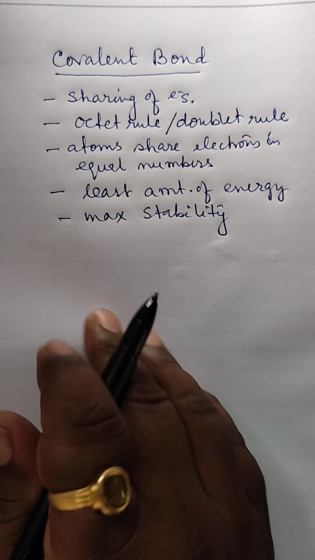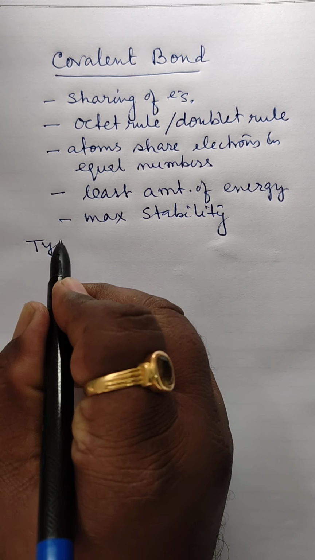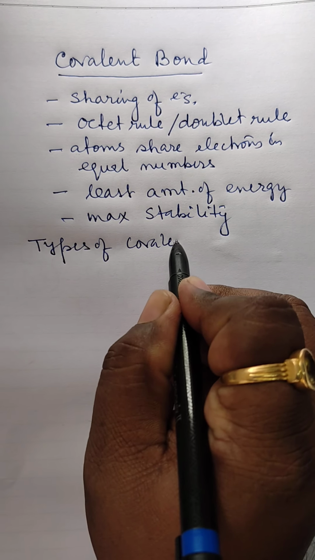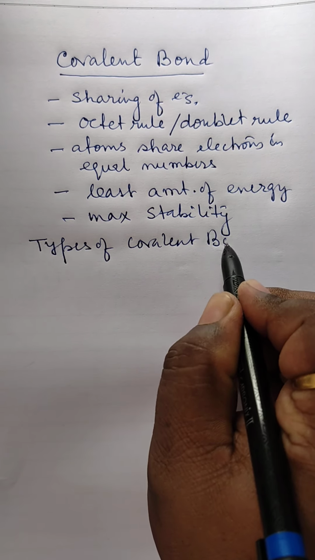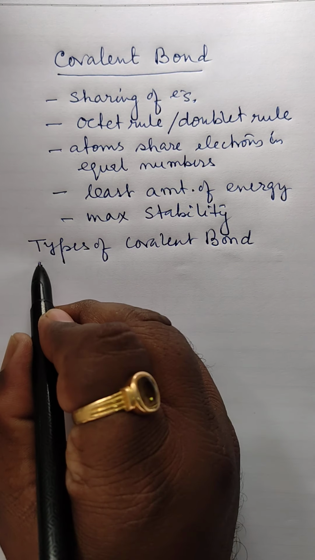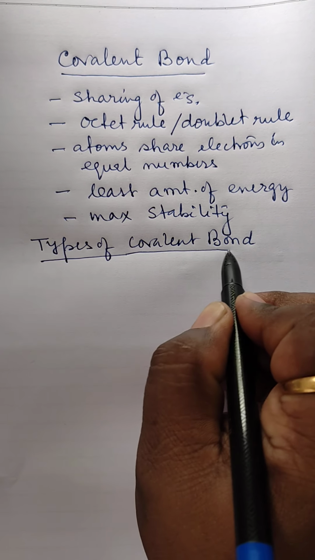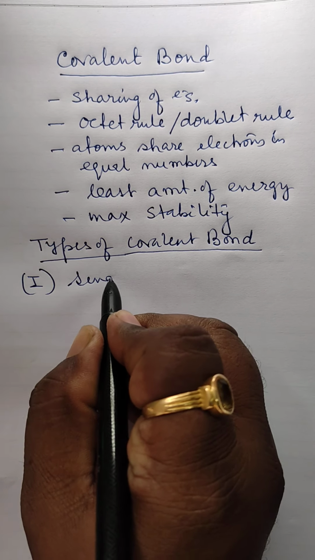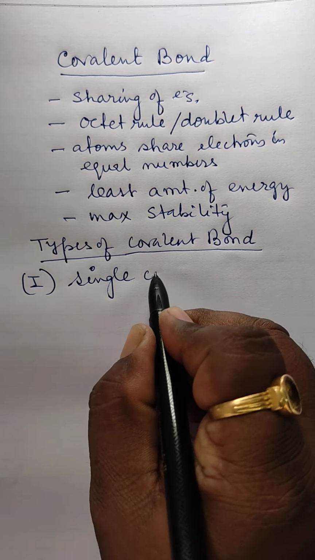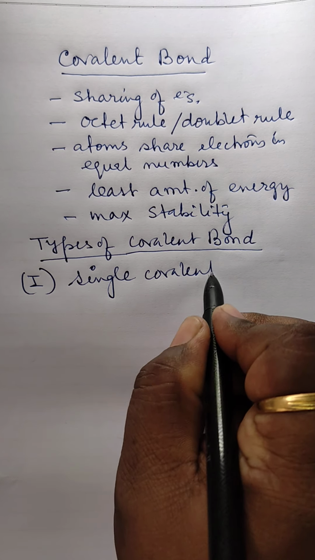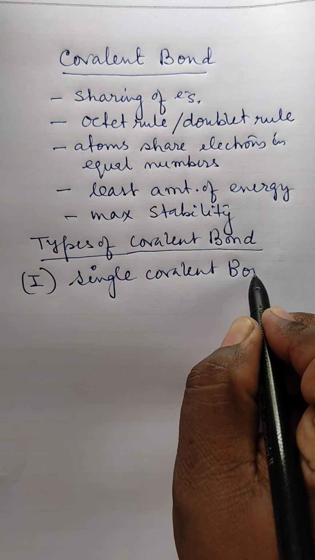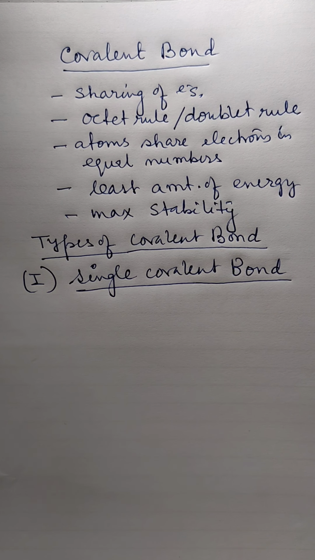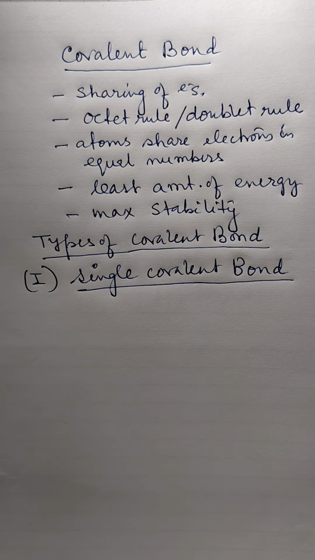Now we are going to discuss types of covalent bond. Covalent bonds are generally of 3 different types. The first one is called single covalent bond. In this single covalent bond, atoms share a single pair of electrons.